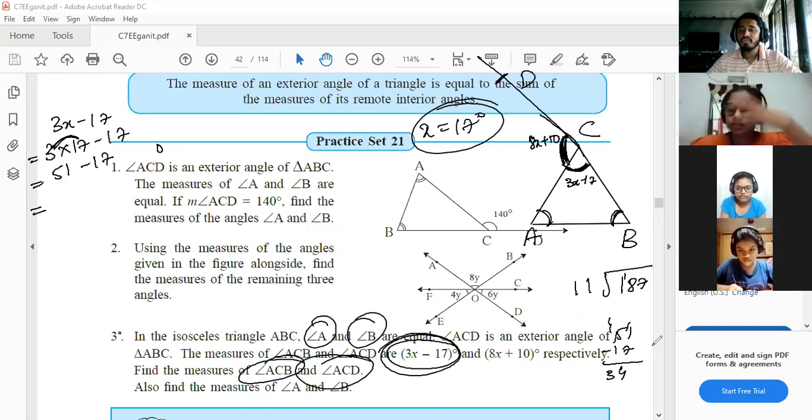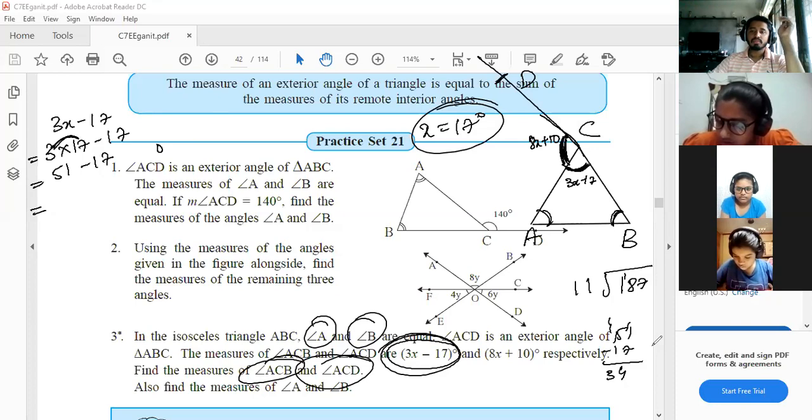Minus fast, Avni. 51 minus 17. 35. Wrong. Avni, tell me how much is 51 minus 17?